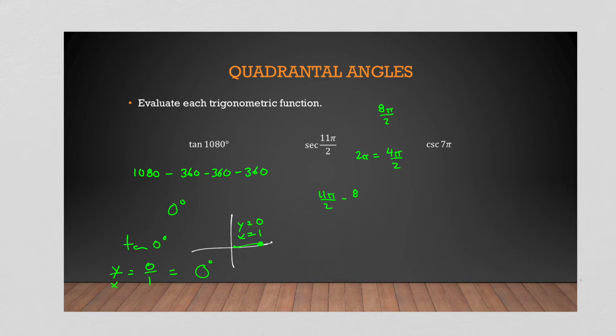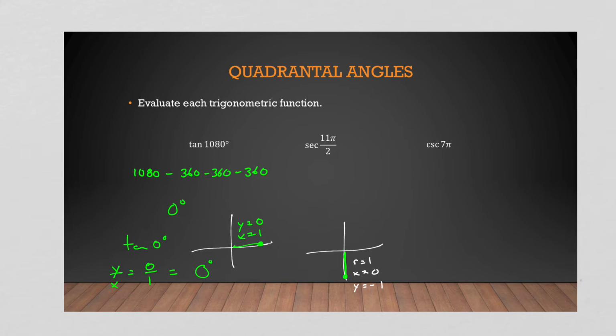So we subtract 2 full rotations, now we fall at 3 pi over 2. And 3 pi over 2 is equivalent to 270 degrees. So we're down here. So what are our values here? Well, r is 1, x is 0, y is -1.